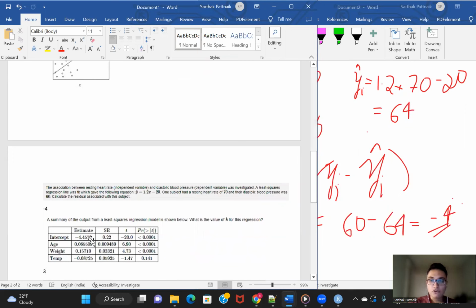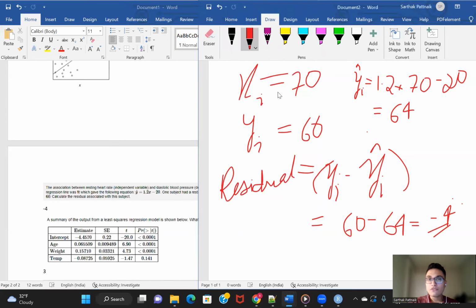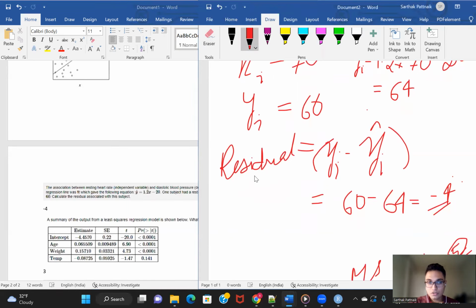It is asking me the value for k. Now the value for k in a regression context is nothing but equal to the number of independent variables. So how many independent variables are here? There are 3 independent variables, age, weight, and temperature. So the value of k is equal to 3.